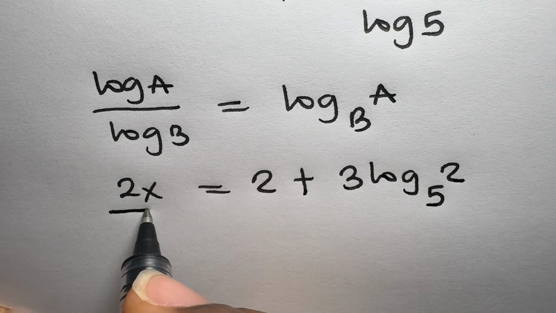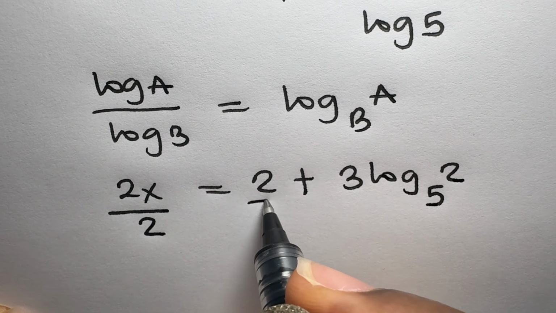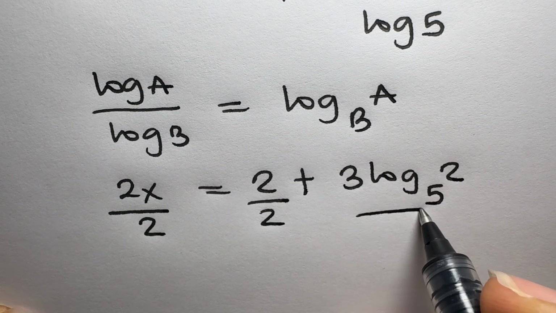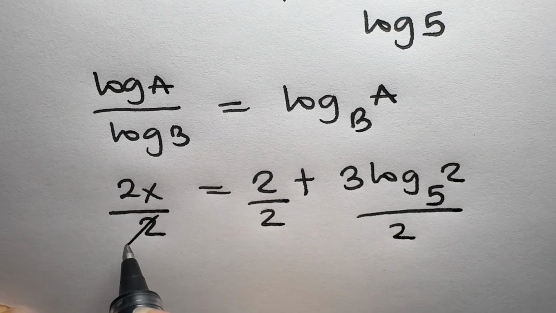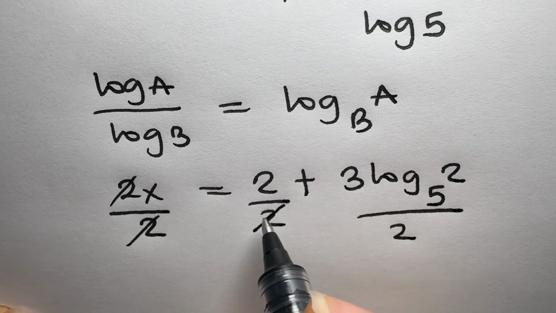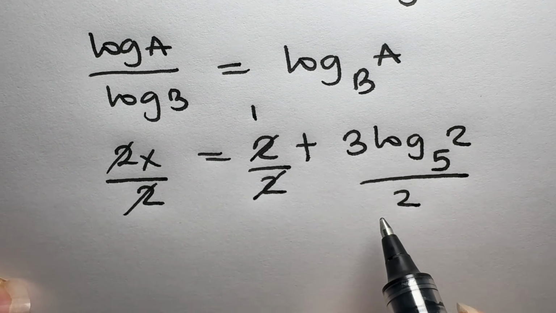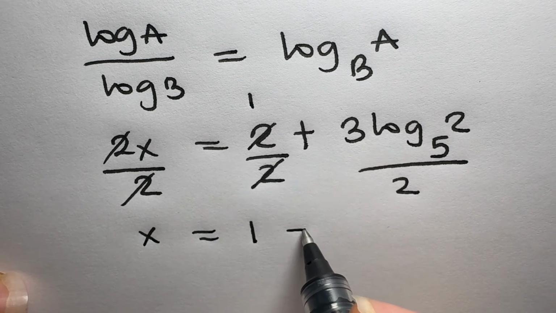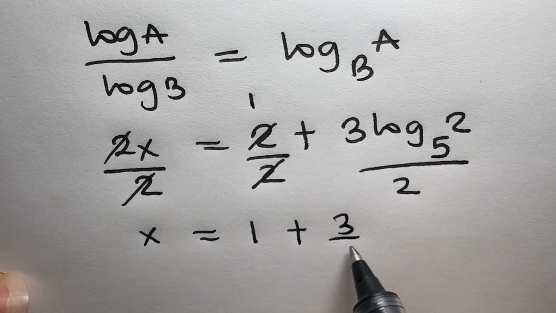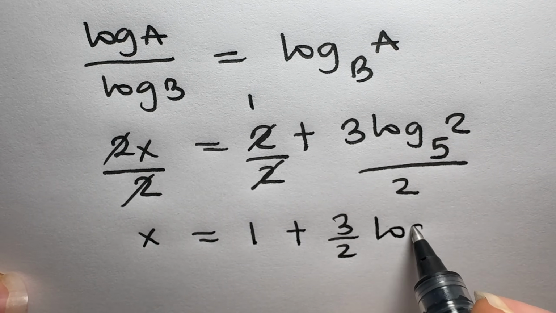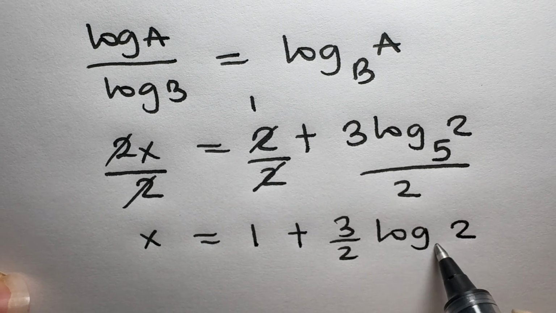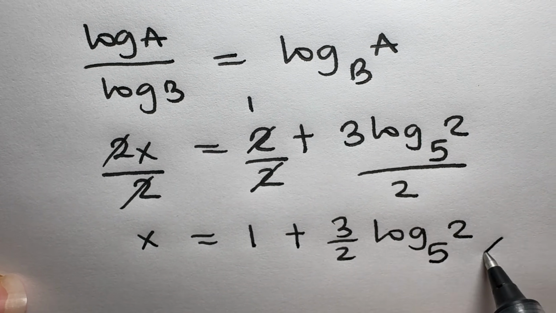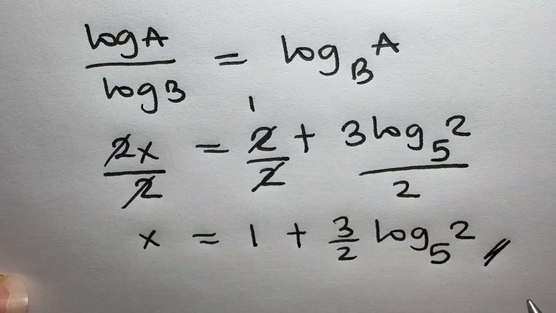I'm going to divide both sides by 2. So this cancels this. 2 divided by 2 here is 1. Then we have x is equal to 1 plus 3 over 2 log 2 base 5. This is the final answer to this problem.